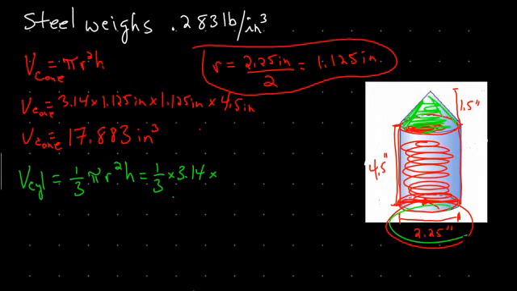The radius down here is the same up here because this thing is uniformly shaped, at least up until the base of the cone. So we got just about the same mistake. It's r squared, 1.125 inches times 1.125 inches, times the height. Make sure we're looking at the cone here, and the height of the cone is 1.5 inches.